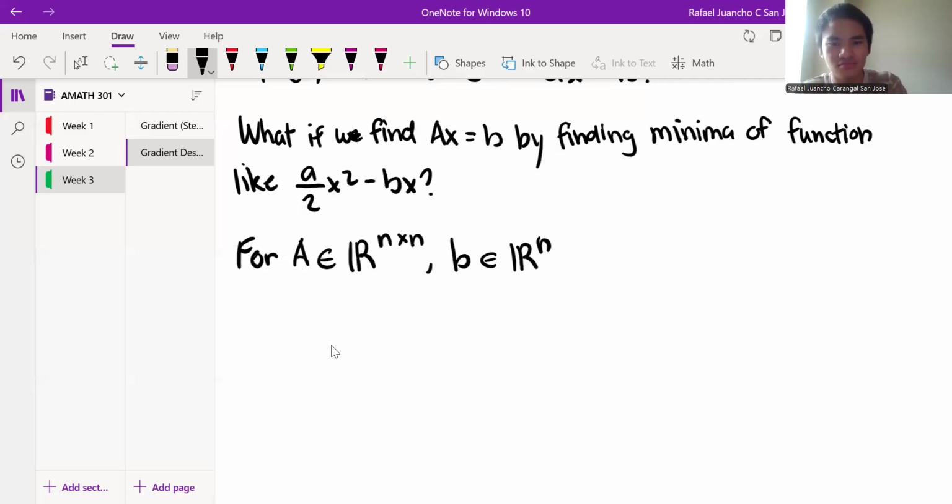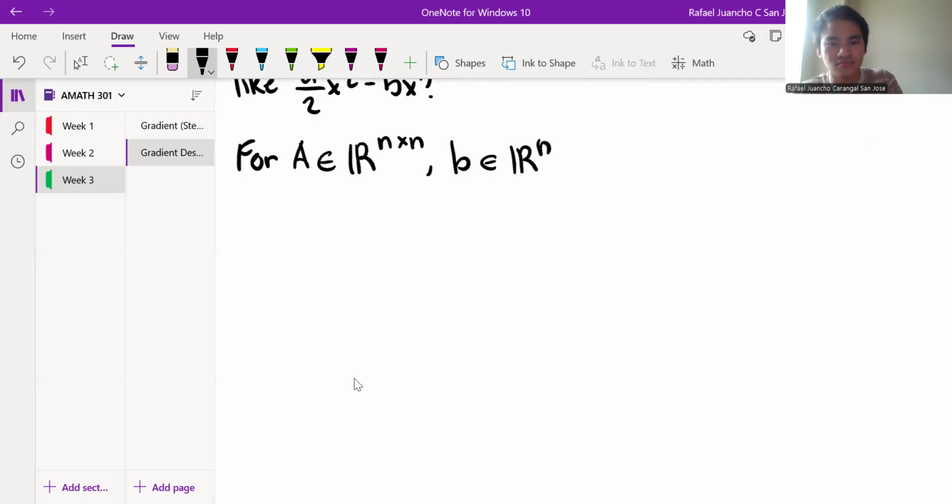Then we have this function here, and I'm assuming it's a quadratic: one half x transpose Ax minus b transpose x.